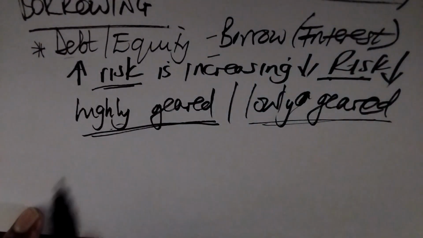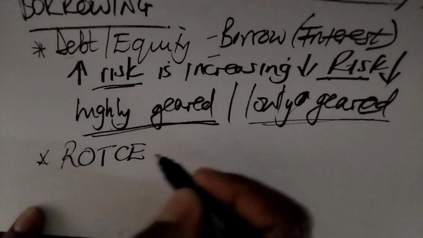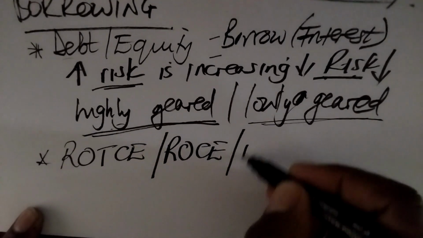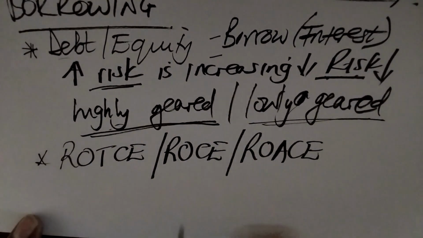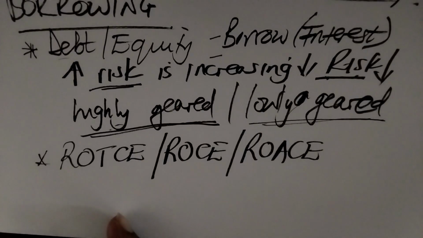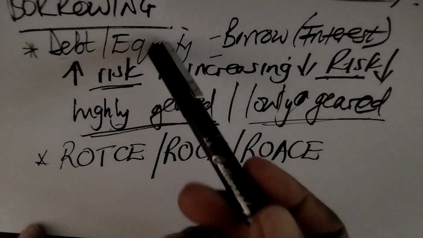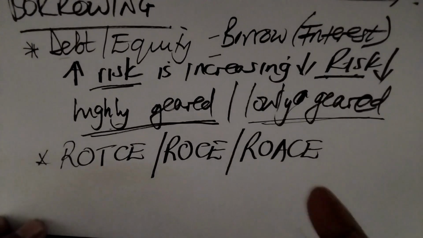Indicator number 2 is going to be your return on total capital employed. Sometimes they say return on capital employed. Sometimes they say return on average capital employed. It's still the same thing. When you're saying capital employed, you're referring to what has been contributed by the owner, which is the equity, and what has been raised through borrowing, which is the debt. So what does the return on total capital employed do?